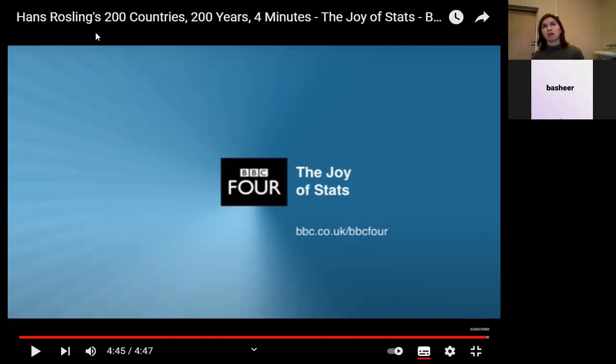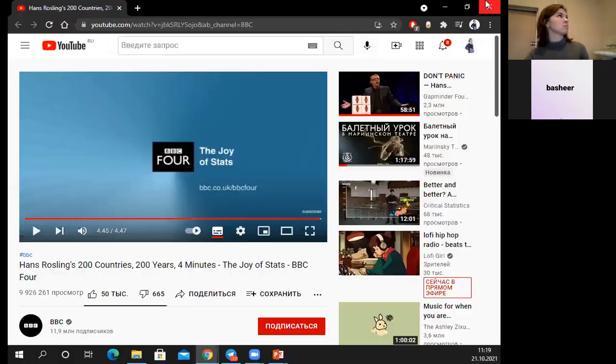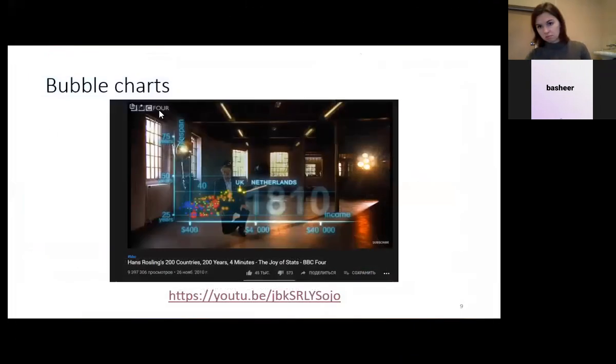Nowadays, the most popular techniques are on the web. So we're working with JavaScript and plotting using visualization libraries. D3, for example, allows you to plot interesting plots. I will show you some examples.